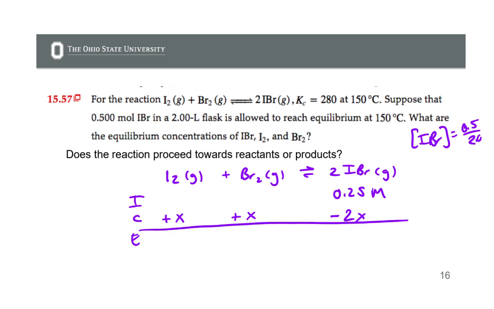Maybe you saw these in the homework, but this is one example where we start with only product in the container, so you're subtracting product and adding reactant to reach equilibrium. I just wanted you all to see an example of this.